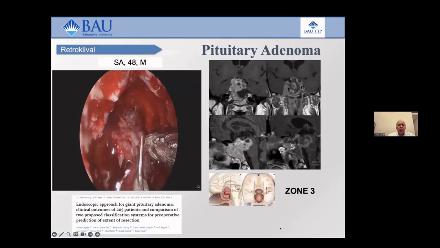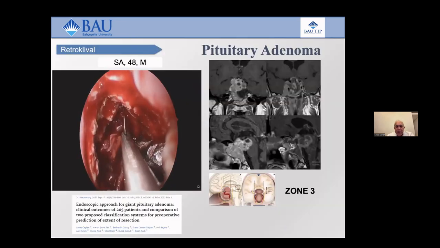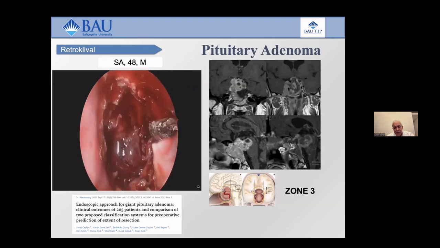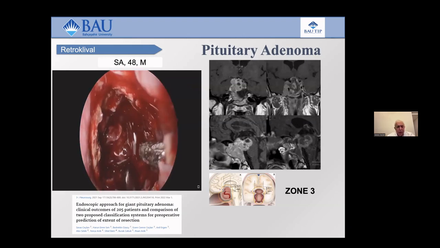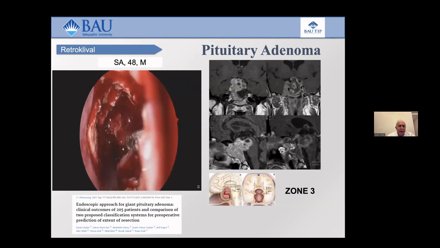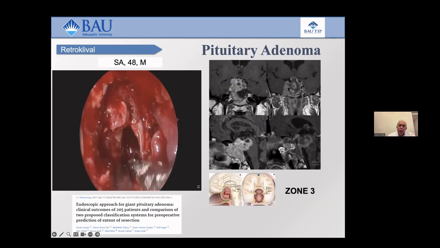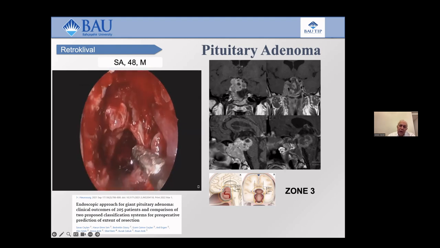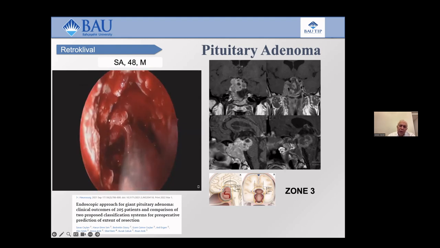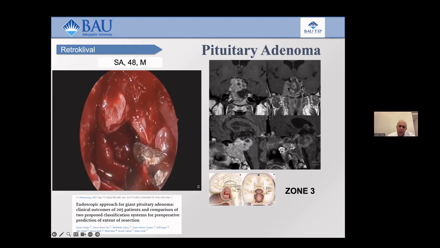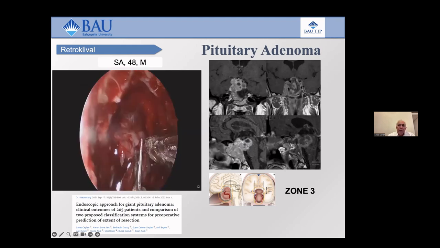The other pathologies, pituitary adenomas. Some huge giant adenomas extend to the craniocervical junction and odontoid tip. This tumor extended to the lower clivus, and also the prepontine area and retroclival area, and this tumor was removed near totally.